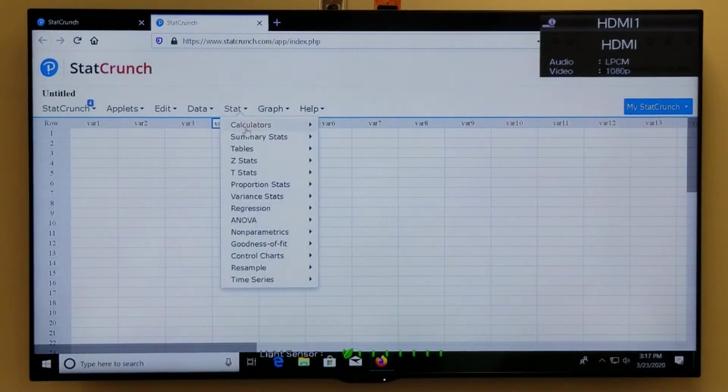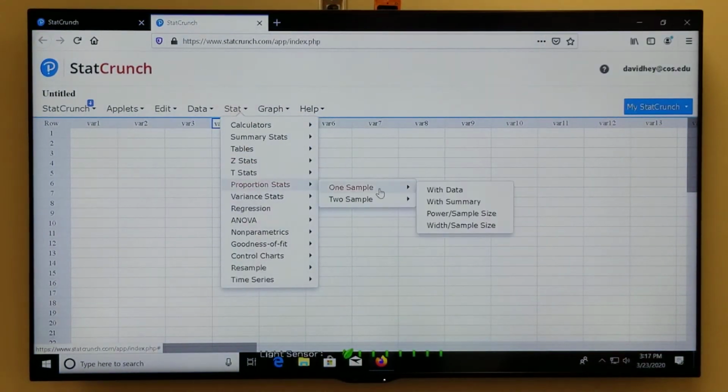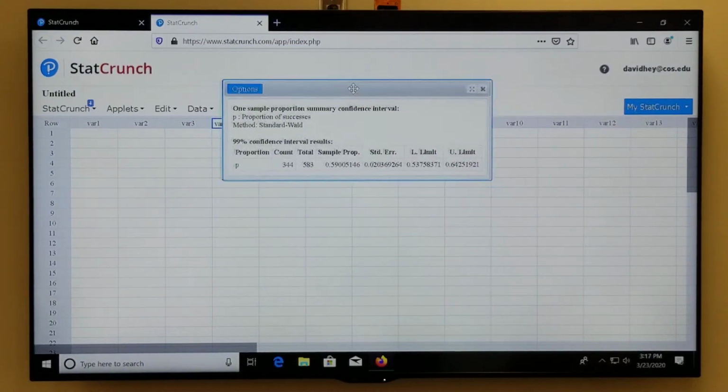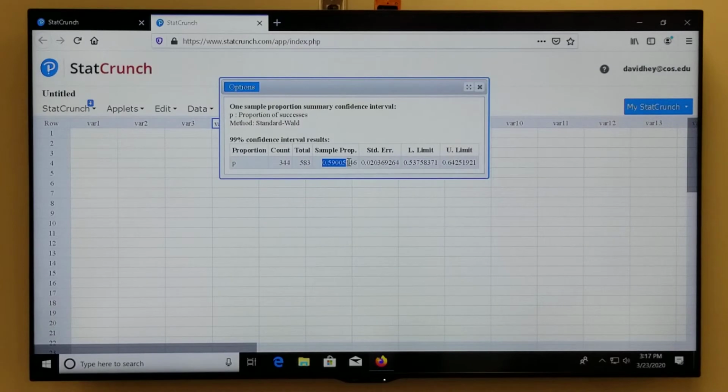Okay, so Stat, Proportion Stats, One sample with summary. We had 344 deaths out of 583 infections. We want a 99% confidence interval. There we go. There's our sample proportion. It's the same as what we computed in part A, right?